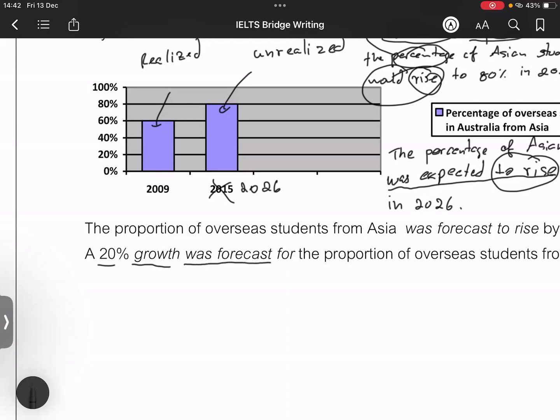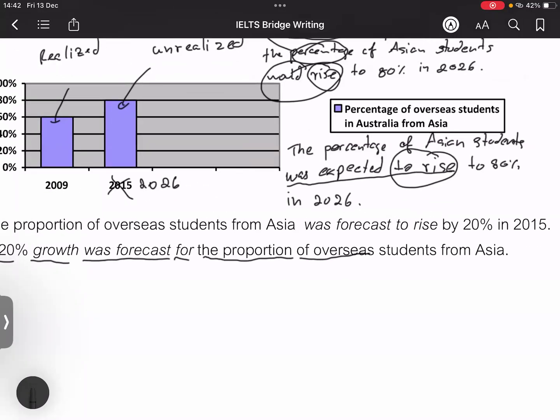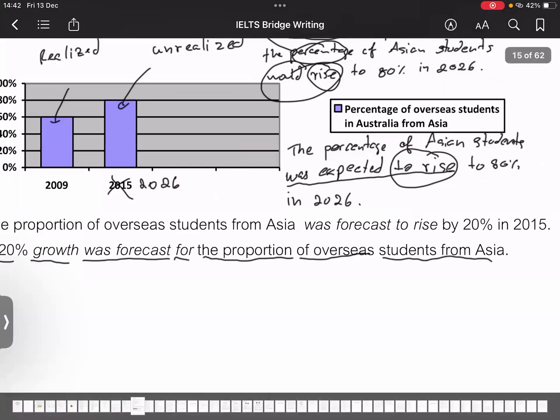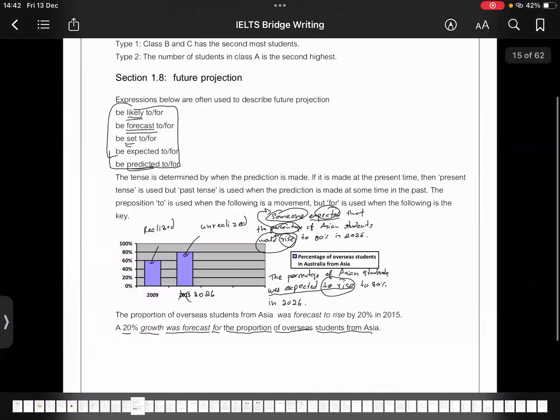Was forecast, or was expected, or was predicted. But we're not going to be using infinitive here. Instead, we use a prepositional phrase. 20% growth was forecast for. For what? For the proportion of overseas students from Asia. Okay? That's it.